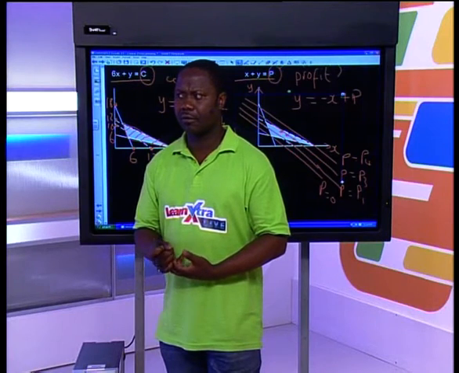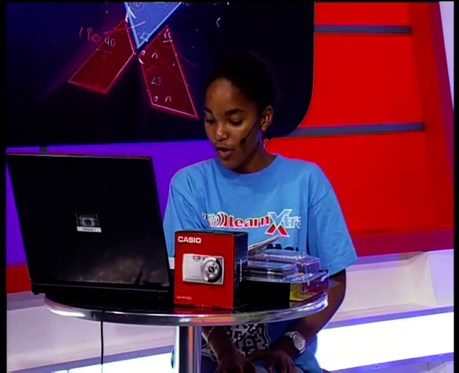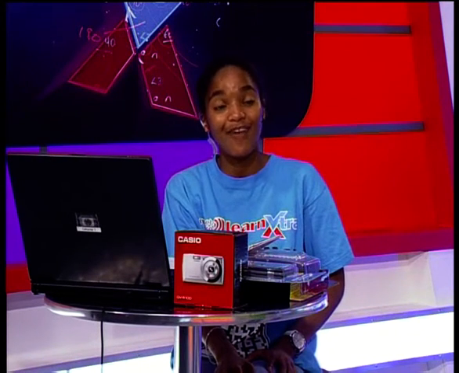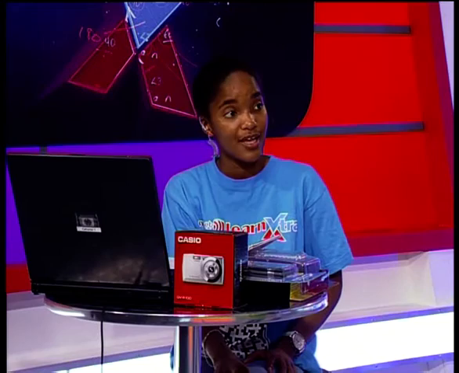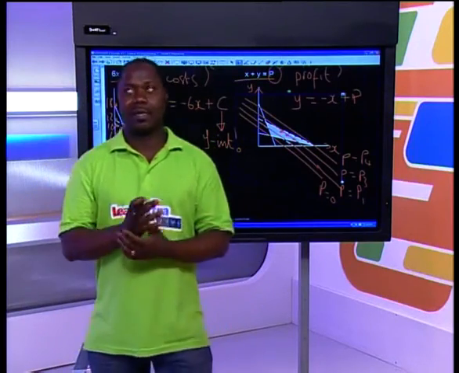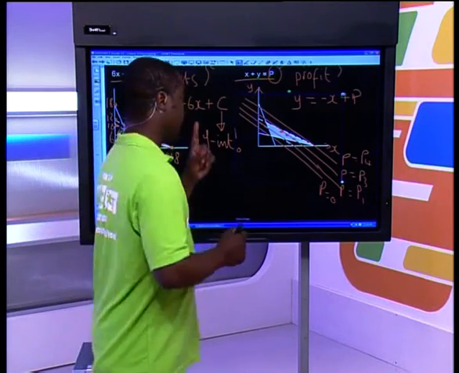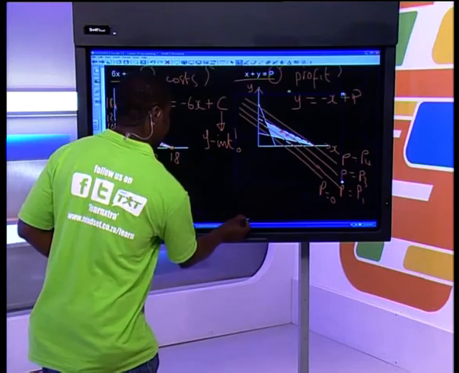Dineo asks, how do we determine which side is greater than or less than if our gradient happens to be a negative value? All right. So if your gradient is negative, let me just illustrate something quickly here.